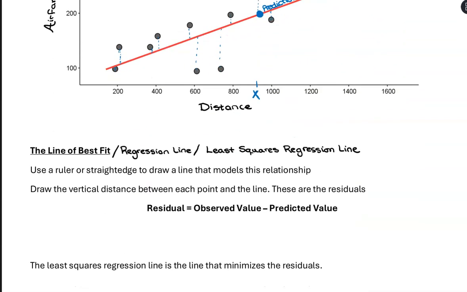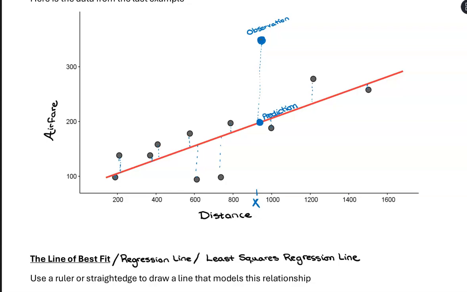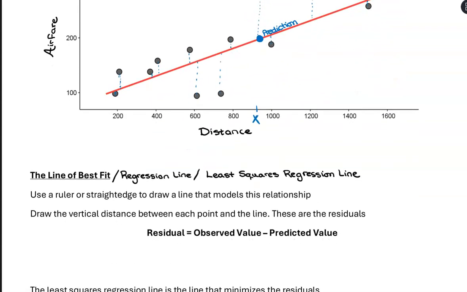So for these residuals, we have an actual calculation to go with it, and what we do is we take the observed value minus the predicted value. Something to make clear here: because we have x coordinates and y coordinates, when we're looking at a residual, x stays the same.